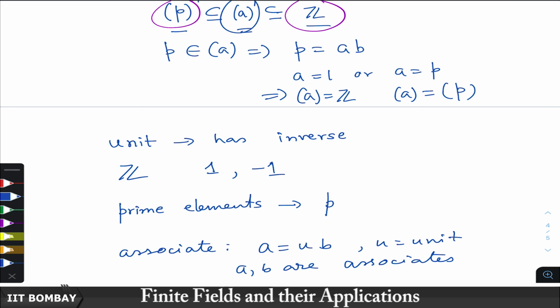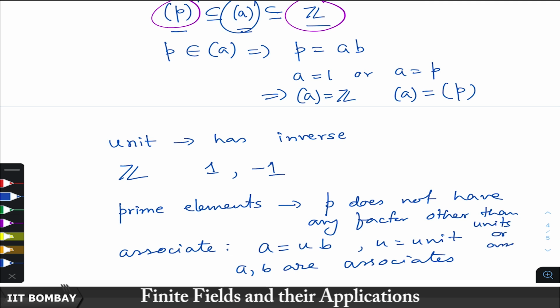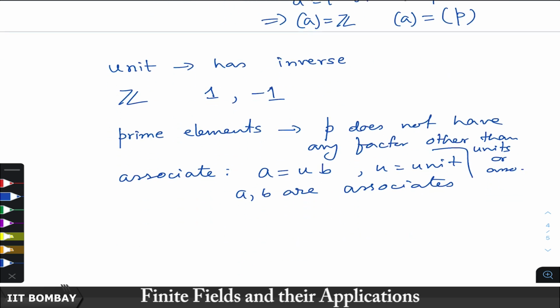Now, a prime element is an element which does not have any factor other than units or associates. Remember that what we are basically saying is that 5 is a prime number because it does not have any factor other than plus 1, minus 1, plus 5 and minus 5.